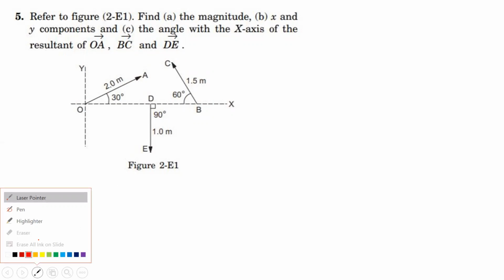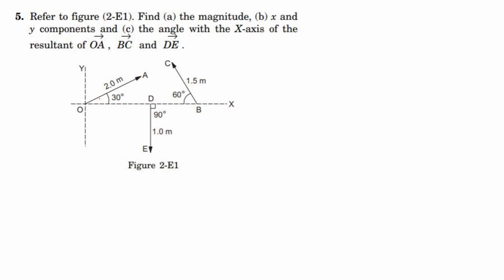To solve this problem, first of all, let us resolve these vectors into x component and y component. First, let us resolve the vector OA bar. In the x direction, this value is 2 cos 30, and the y component is 2 sin 30.